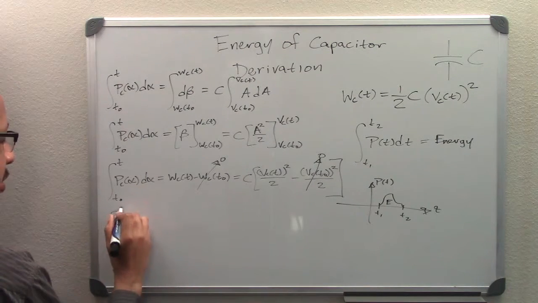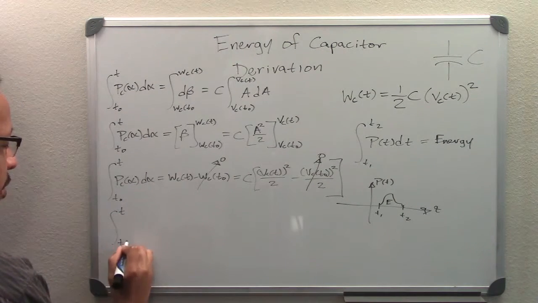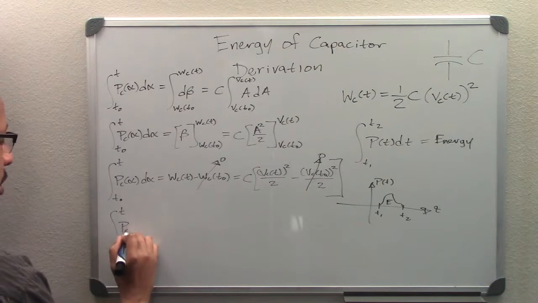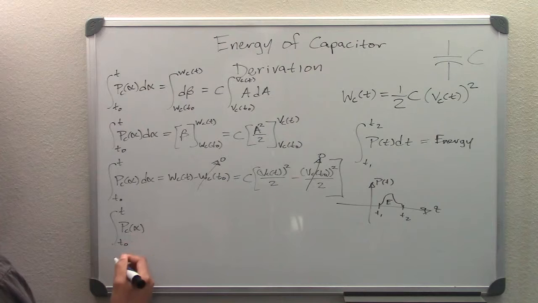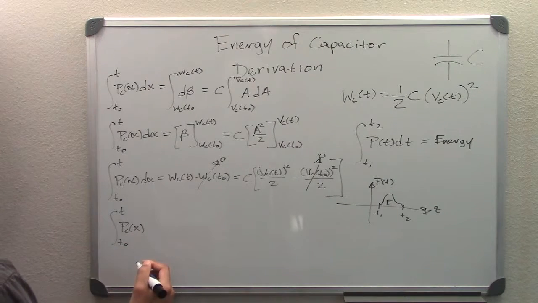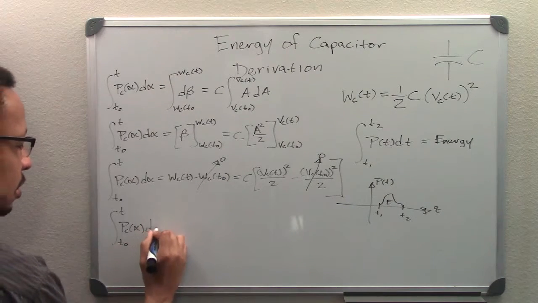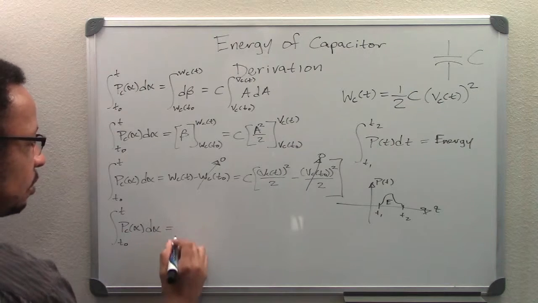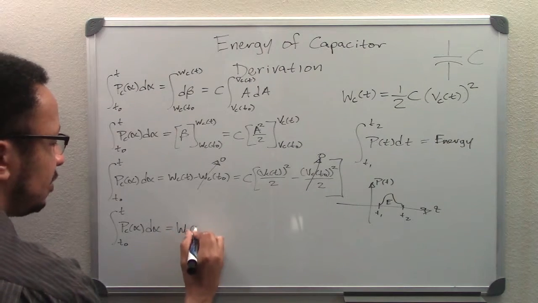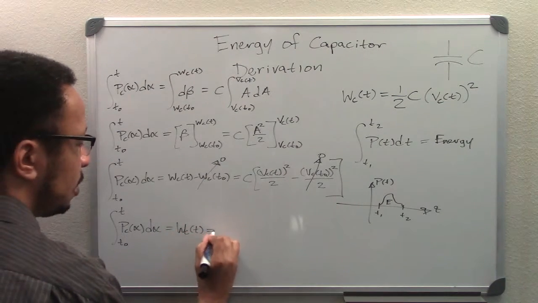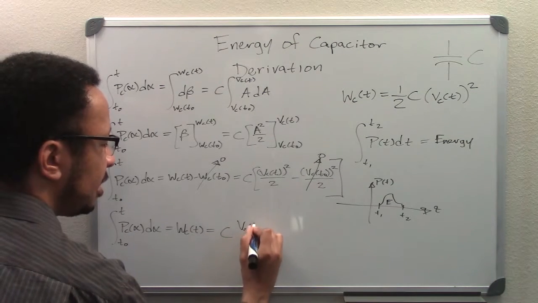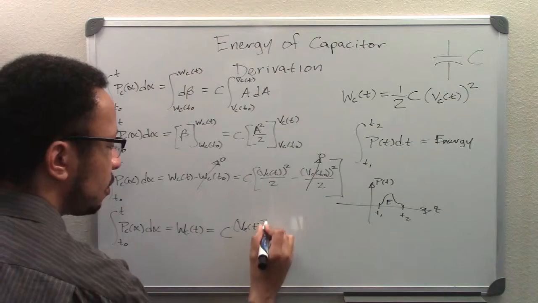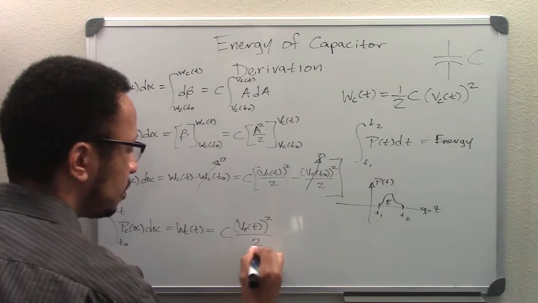And so ultimately, our final form is our power being integrated between t sub 0 and t, d alpha, equal to Wc of t, which equals C times Vc of t squared over 2.